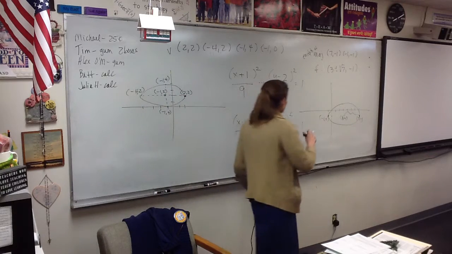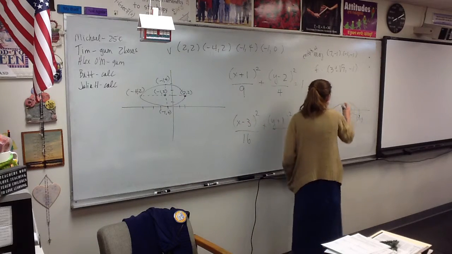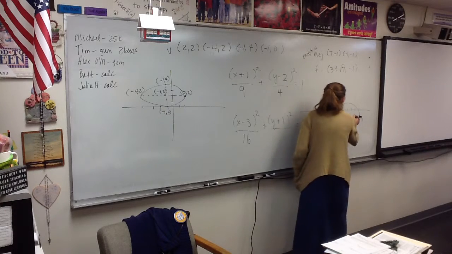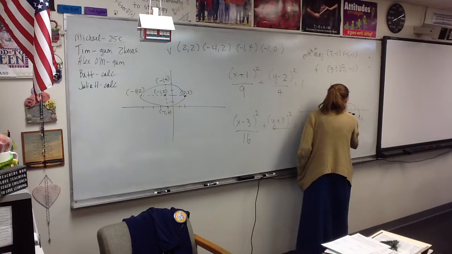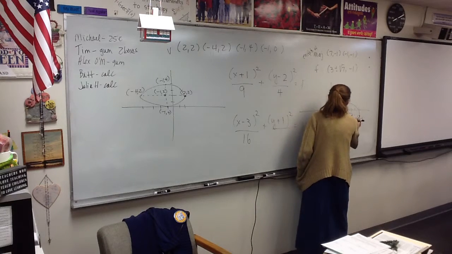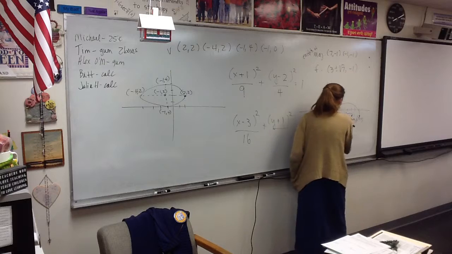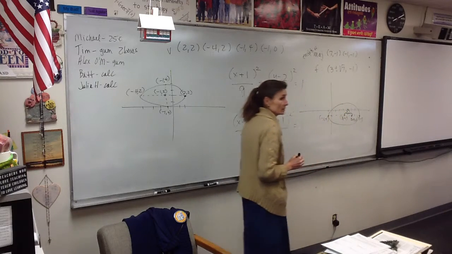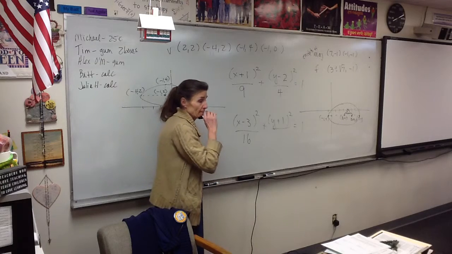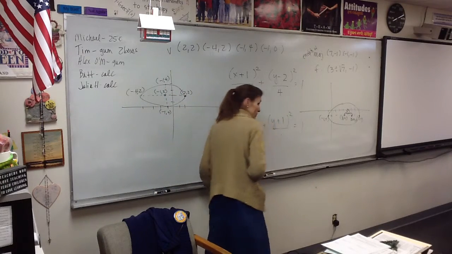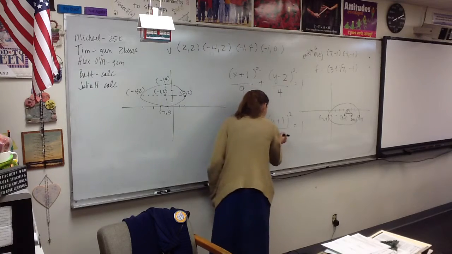Now, this other piece of information said, here's my major axis, my focus is at 3 plus root 7, comma -1, which means this distance is root 7. So it's 16, and the other one is 9. The square root of this number right here has to be 9.